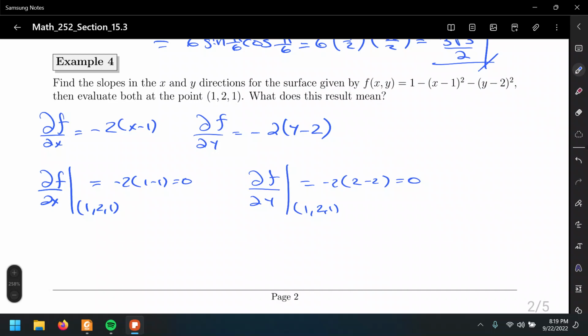Well, what does this result mean? When the partial derivatives get evaluated at that point and we get 0, what happens when you evaluate a value on a derivative of a function in Calc 1 and you get a 0?